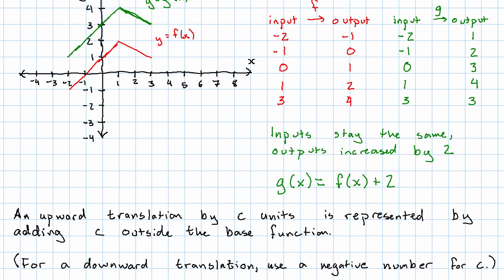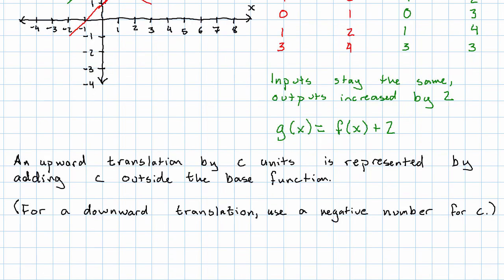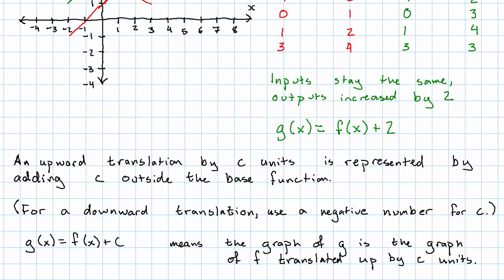For a downward translation, we'll just use a negative number for c. In notation, if we have g of x equals f of x plus c, that means the graph of g is the graph of f translated up by c units. Okay, so that's a vertical translation.